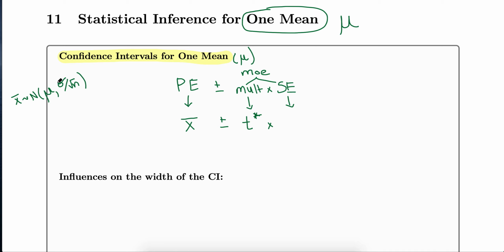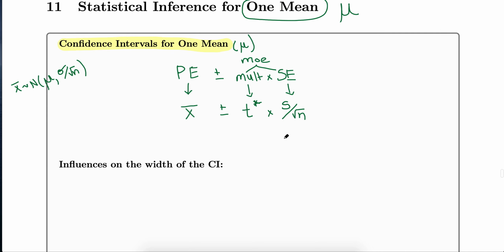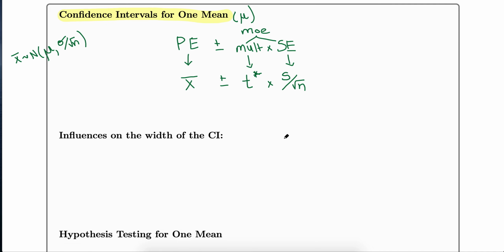We don't know what sigma is. That's the standard deviation of the whole population. So we're going to make a logical switch here and estimate that with s, the standard deviation of the data. Okay, so there's our format for the confidence interval. Same basic structure. We're just changing up the details to refer to the population mean.